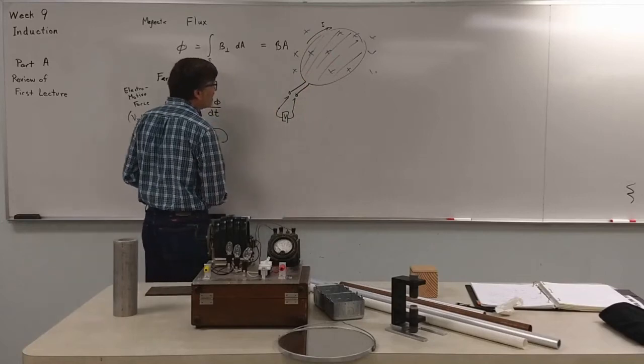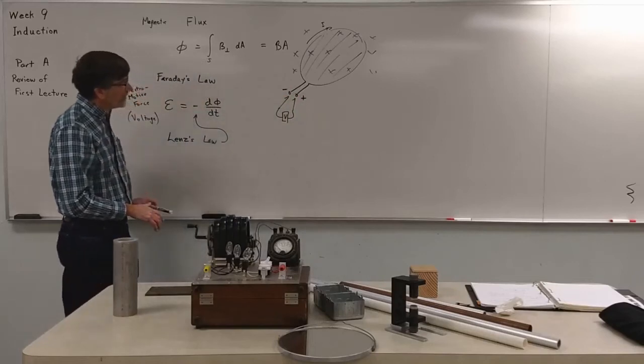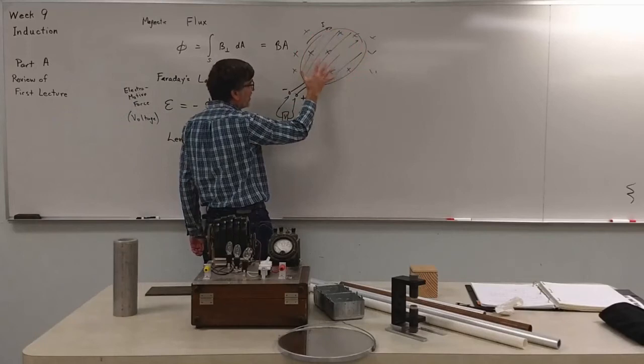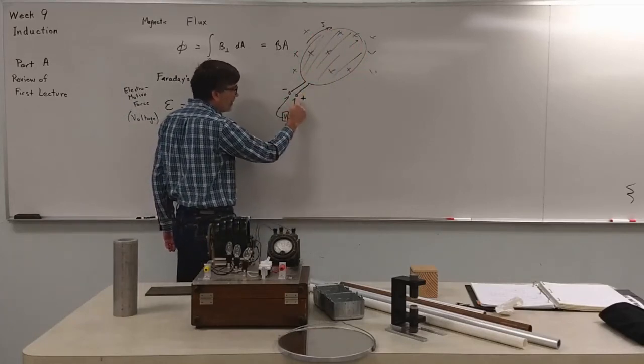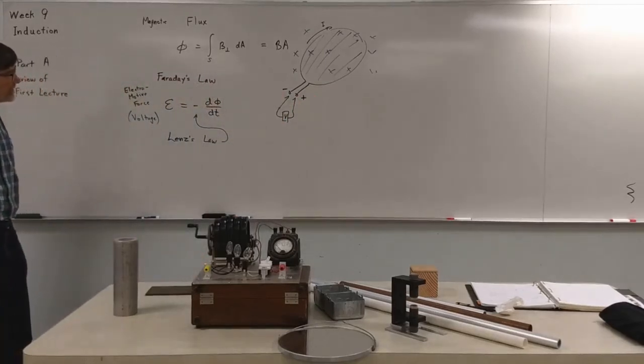So these would be this way. The lower one there would be the positive one, because the current is being pumped by this toward the positive terminal, and then out here it can sort of fall from the positive back to the negative the way it usually does. So that's Lenz's law.